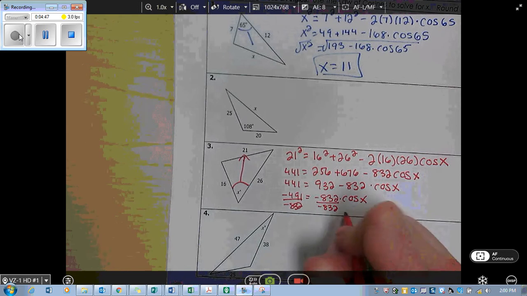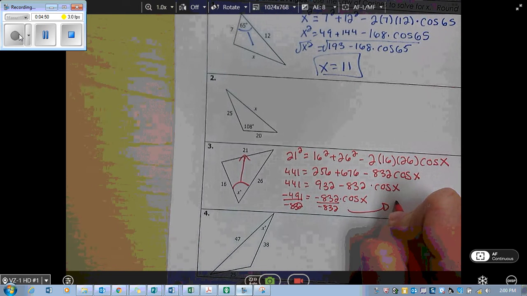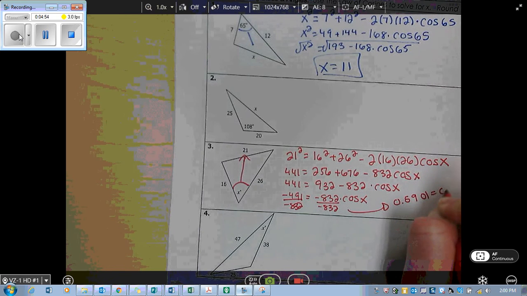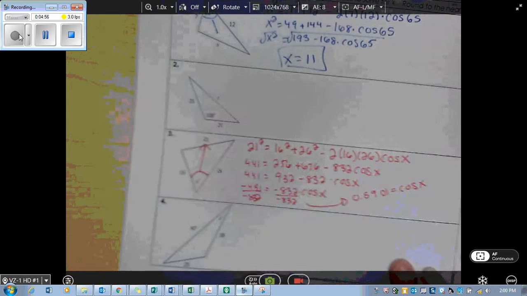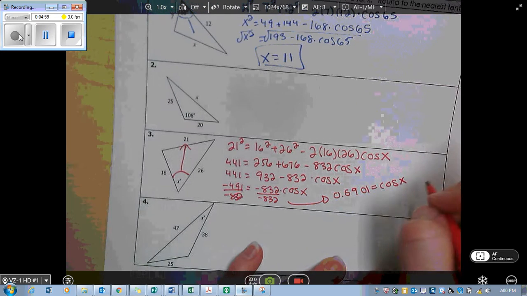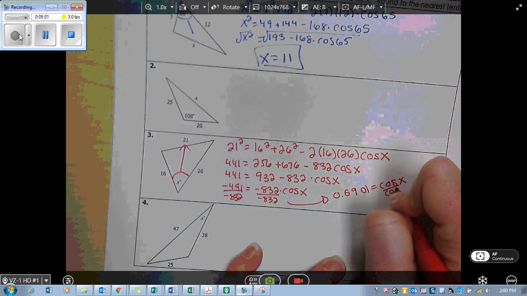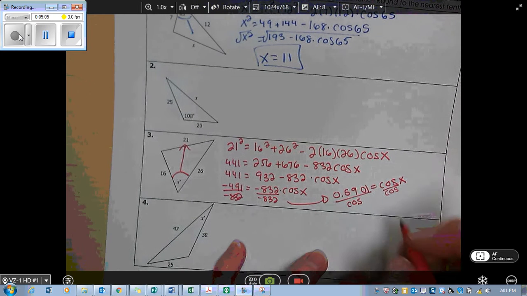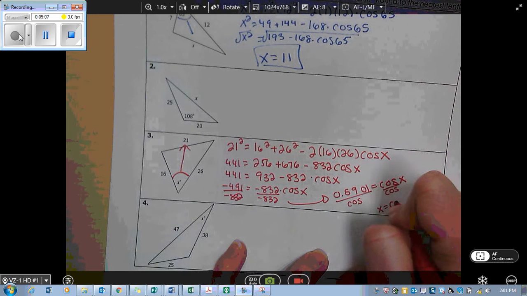And so I'll get that 0.5901 is equal to cosine X. Now I can solve for X. So we know that dividing by cosine is the same thing as multiplying by cosine negative 1, right?